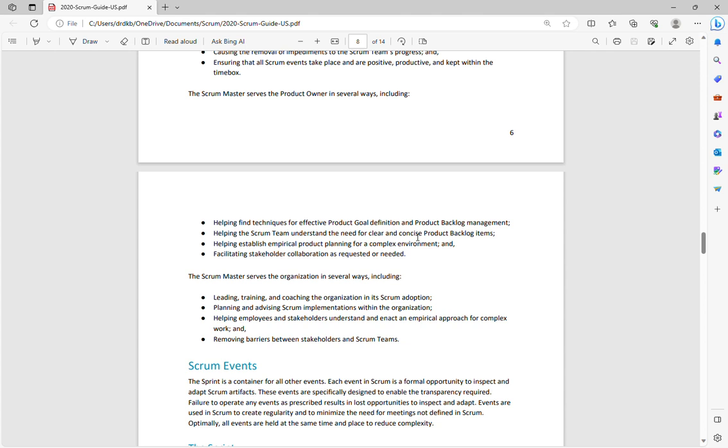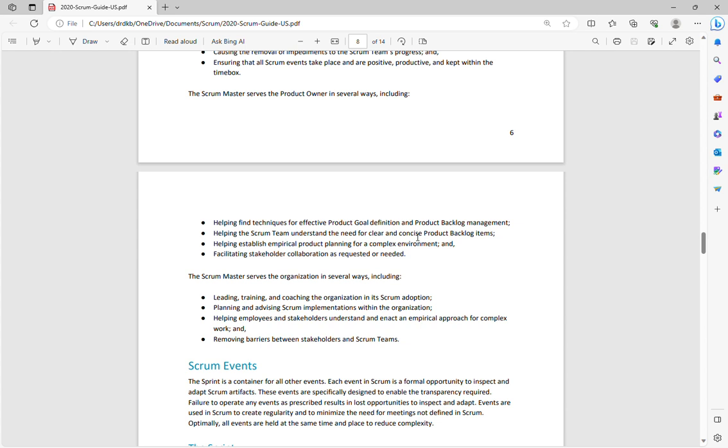For example, with the question: how would the team know the product backlog item is done? So the Scrum Master can ask such questions to the team during sprint planning to give them a clear understanding of the product backlog item.